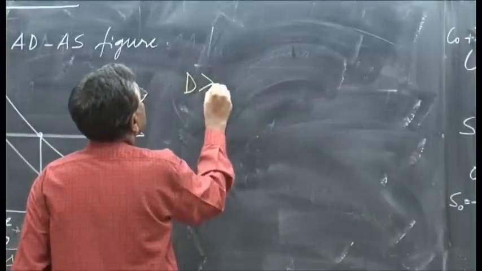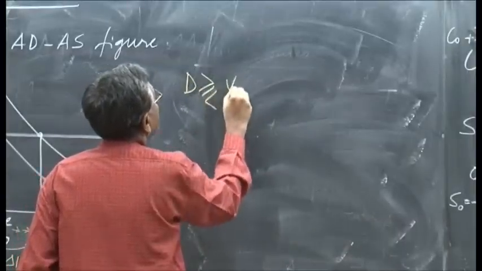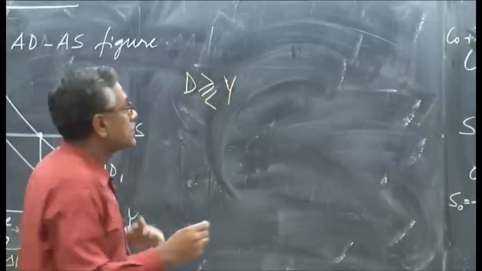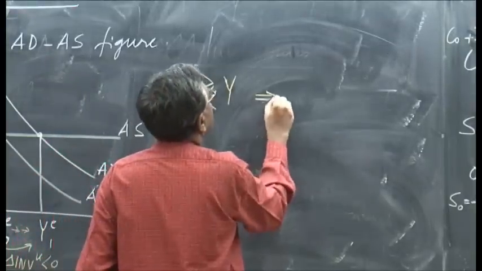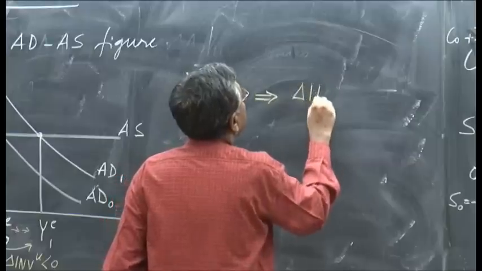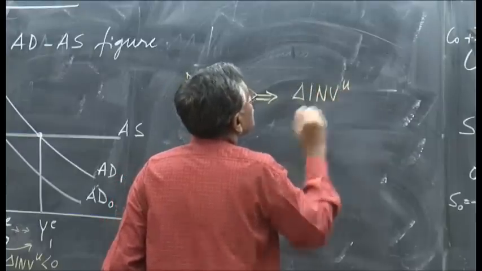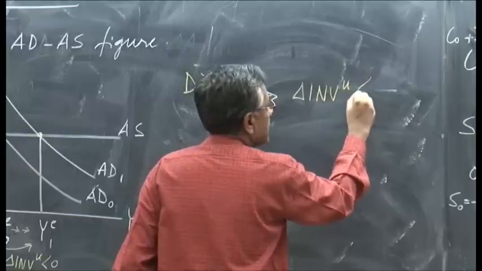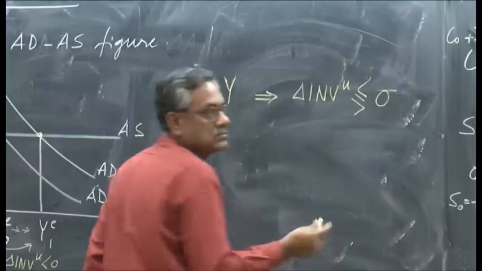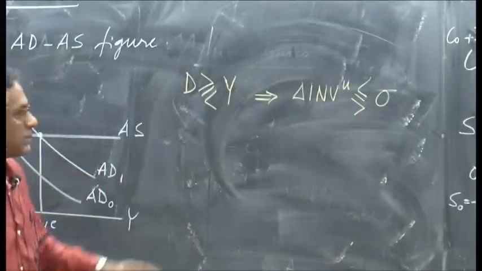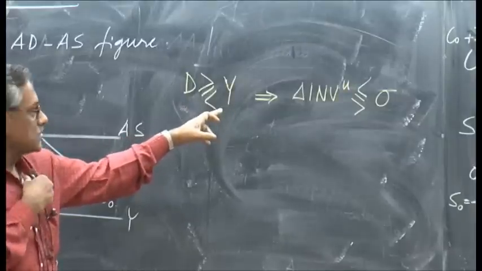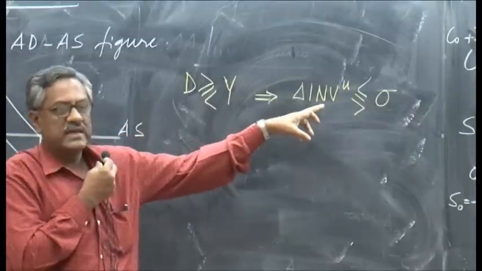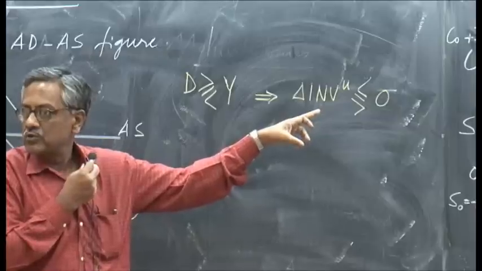Demand greater than, equal to, less than Y. If demand is more than output, it would imply delta INVU less than, equal to, greater than 0. If demand is more than output, INVU is negative, I told you.